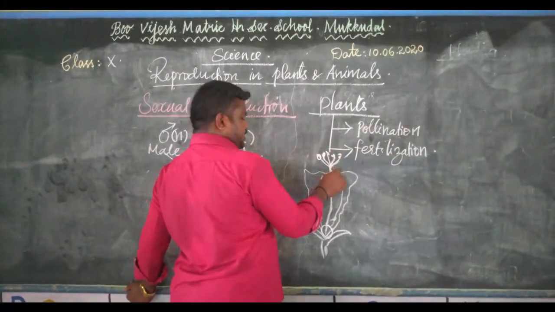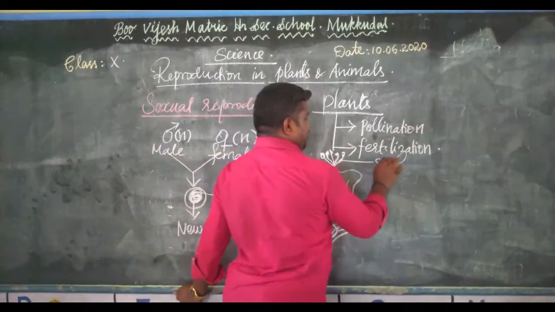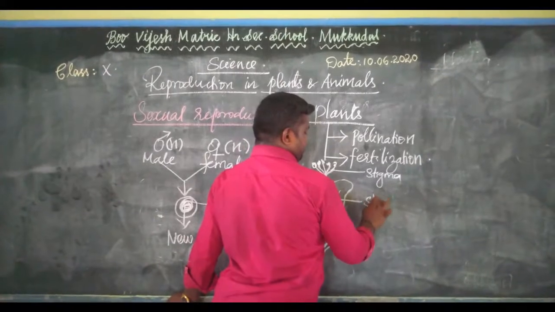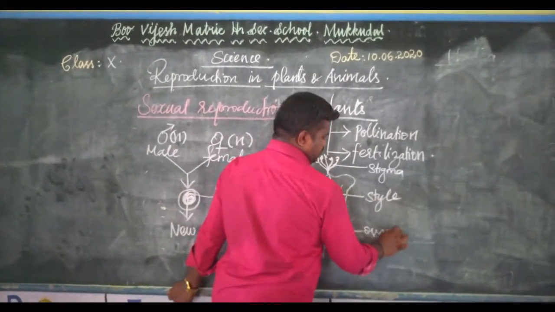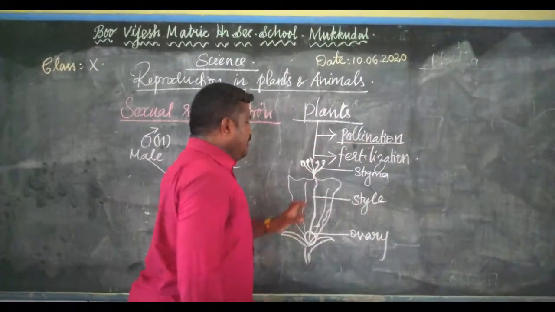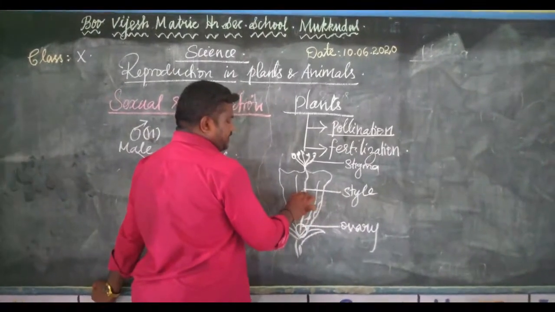So this is the typical parts of a flower. This is the stigma, style, then ovary. So first we will see pollination. What is meant by pollination? Here the pollen grains are present.